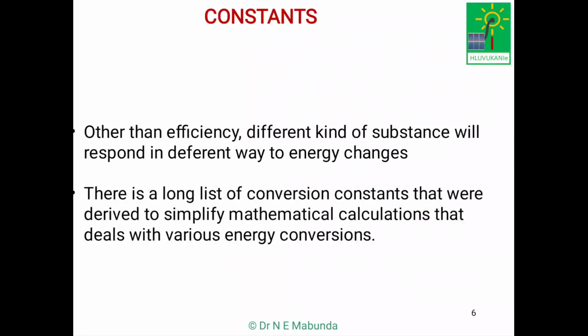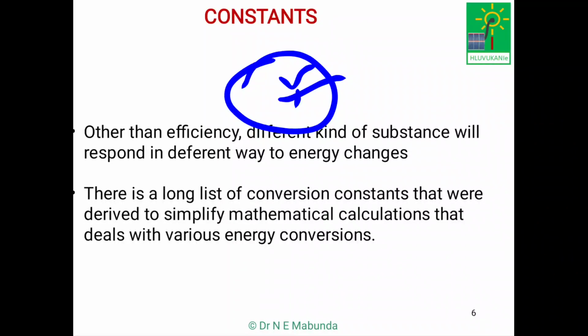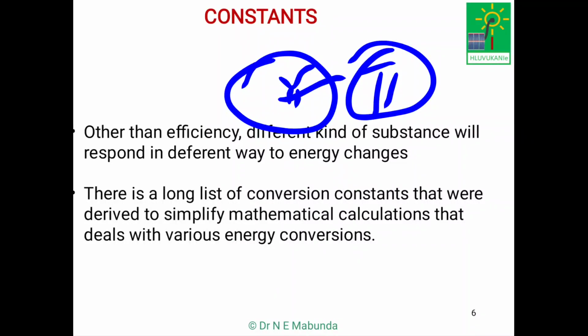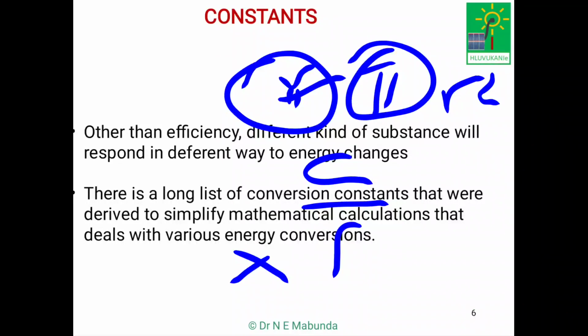Other than efficiency, we've got constants that aid us to transform one figure to the other. For instance, if you've got a circle and a radius r, to translate it into area, you're going to use a constant pi, which you multiply by the radius squared. We have things like c, which is used when you calculate the wavelength with a given frequency.